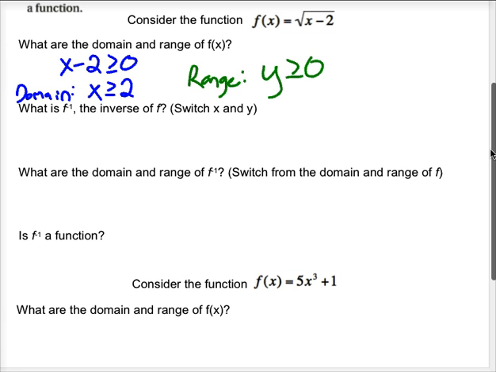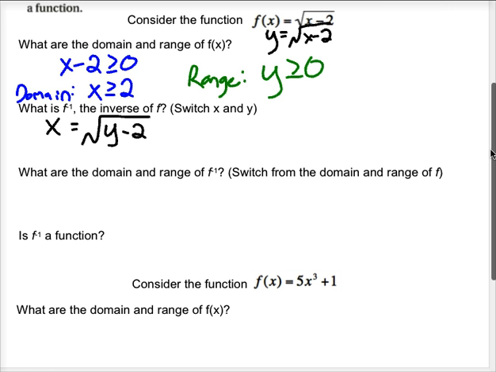All right, so what is f to the negative 1? The inverse of f. So let's take a look at this. So it says switch x and y. So by x and y, I mean really there's no y written there. But remember, when you use f of x, you can always think of it as y. So I'm going to switch x and y. And now it says solve.